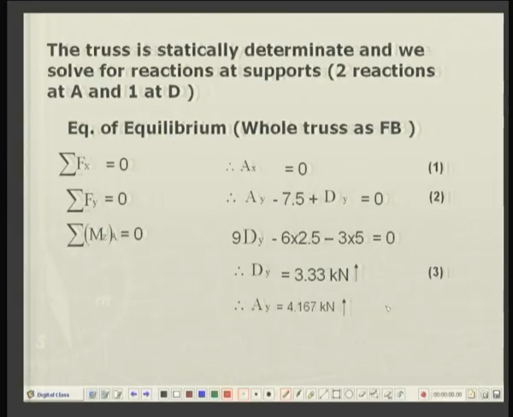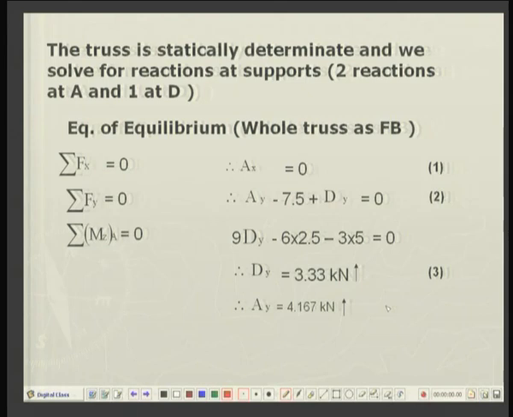So, let us consider the whole truss as a free body, with three conditions of equilibrium: sigma Fx equals 0, sigma Fy equals 0, and sigma Mz about any point, here A. Now, why have we chosen point A? Because at point A there are two unknown reactions.